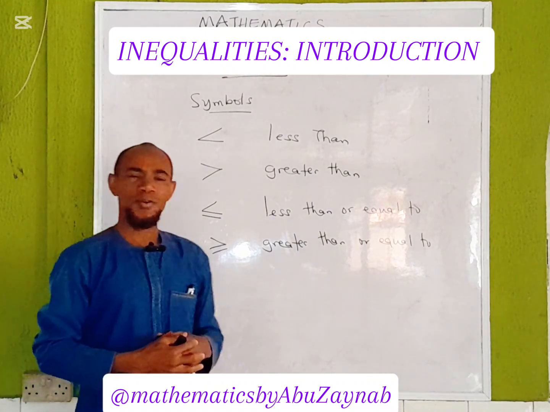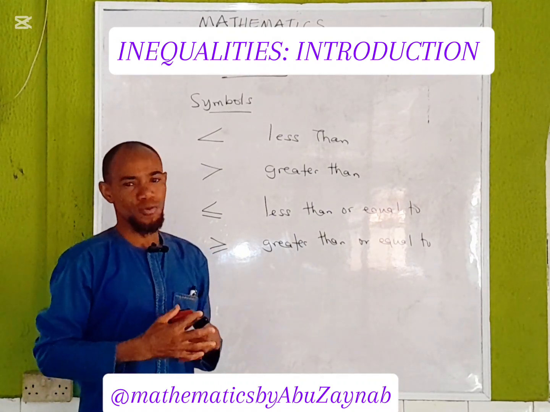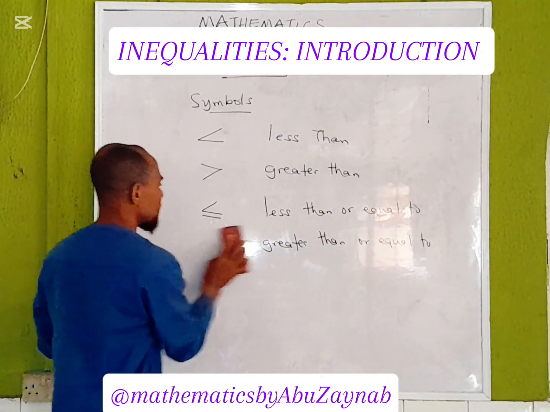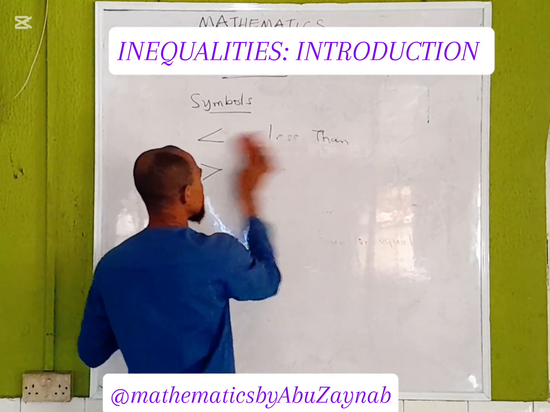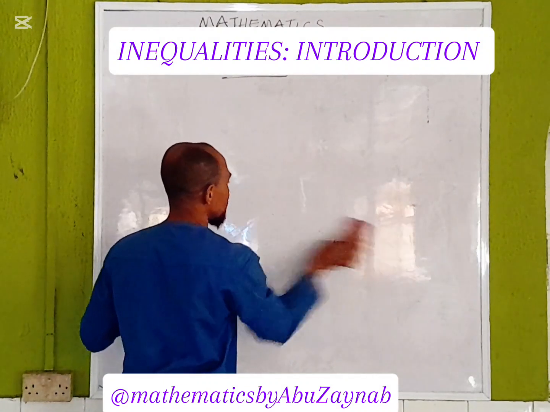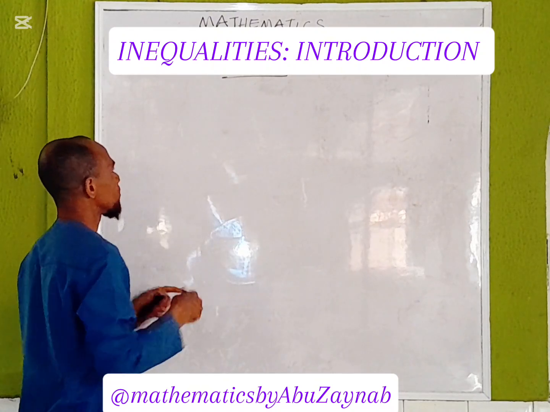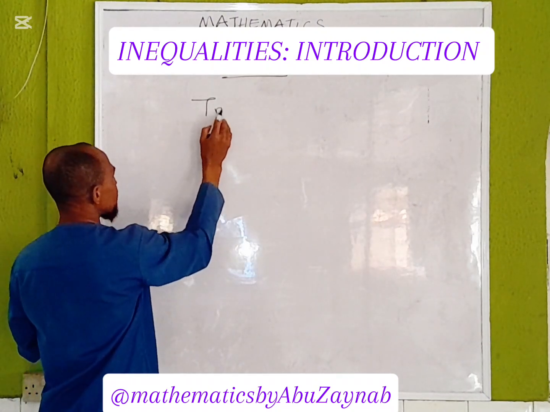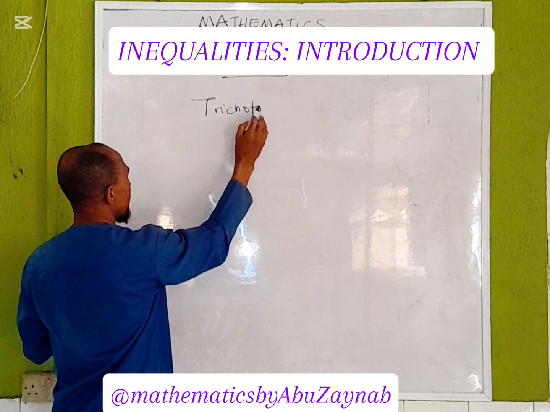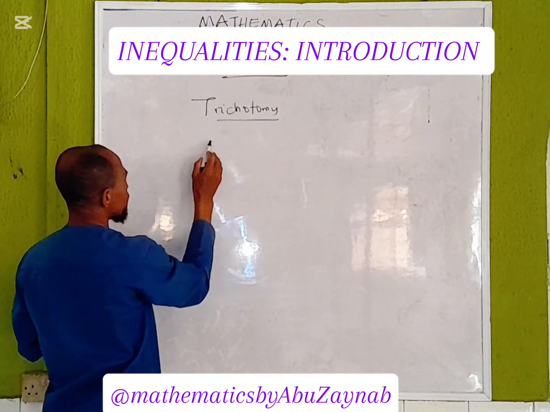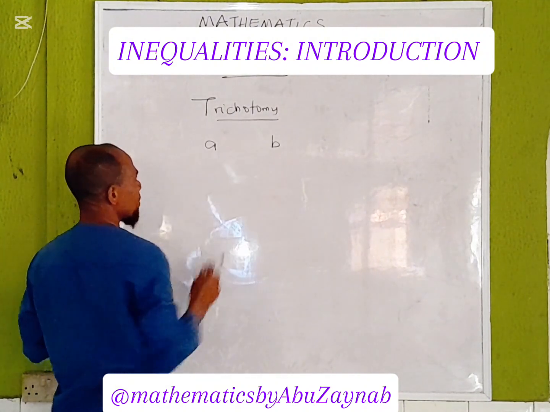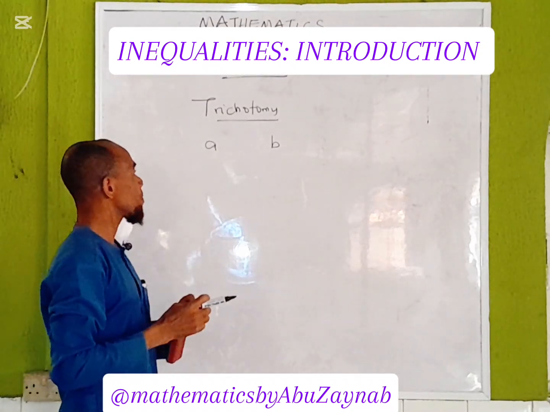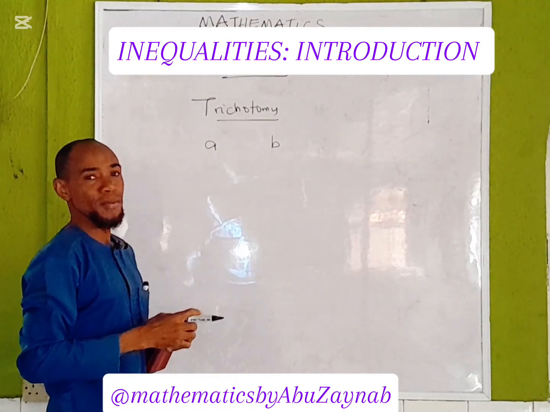Then again, I'm going to explain the concept of trichotomy. Trichotomy basically means the three possible relationships between two quantities, mathematical quantities really. So when you say trichotomy, it simply means when you have two values, there can only be three possible relationships between them.